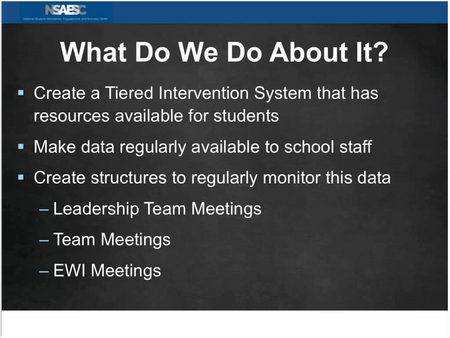Once you have the interventions and you're doing them, what's the result of those interventions? Should we continue to do them? Some places where that can happen are leadership team meetings, teacher team meetings, or early warning indicator meetings. You may call them RTI meetings or MTSS meetings, or a variety of other meetings.